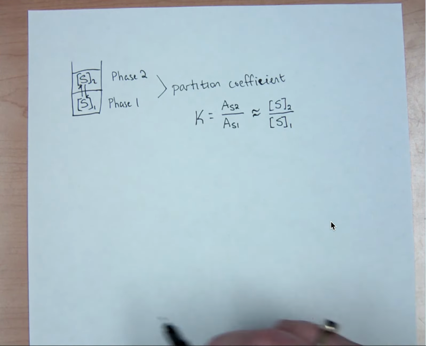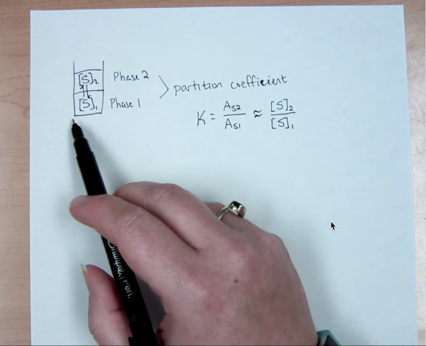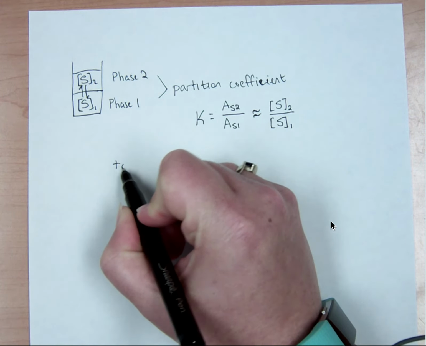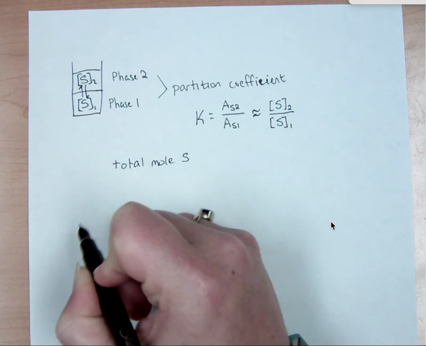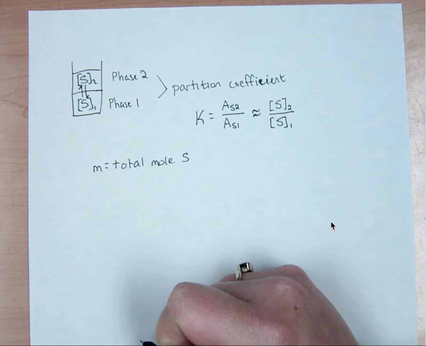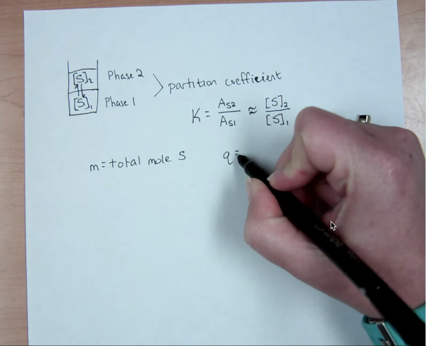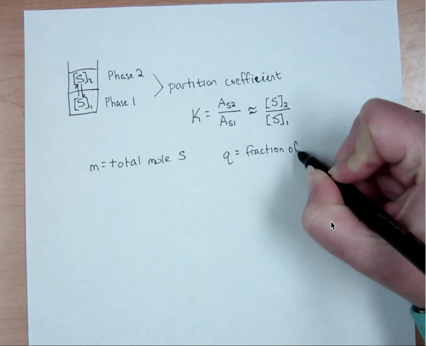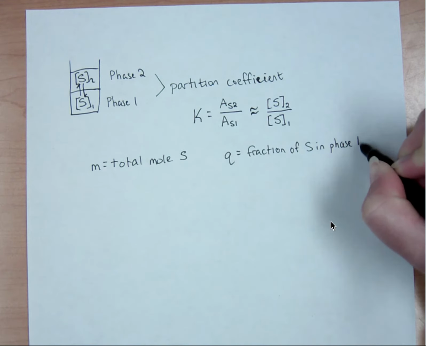Now, if we know that the combination of our analyte in each phase is our total analyte present, we have a total moles of our analyte, here S, or substance S, and I'm going to call that M here. Then we can describe the fraction in each phase as Q. So let's define this as the fraction of S in phase 1 at equilibrium.